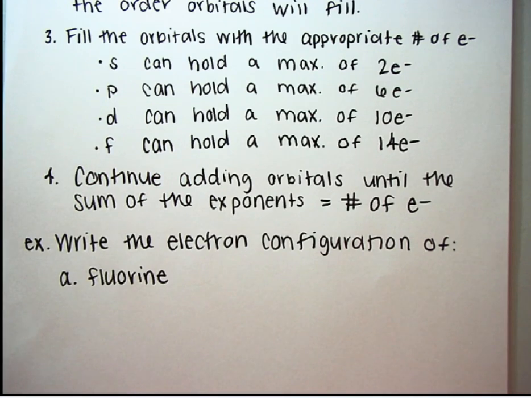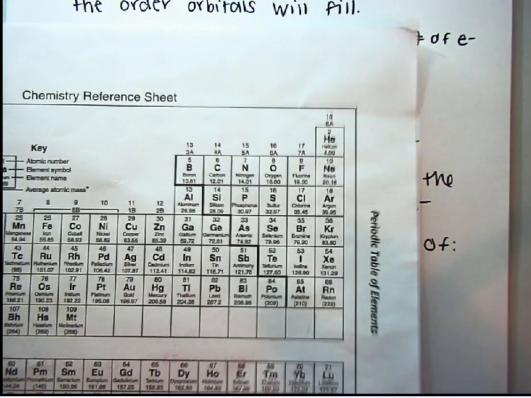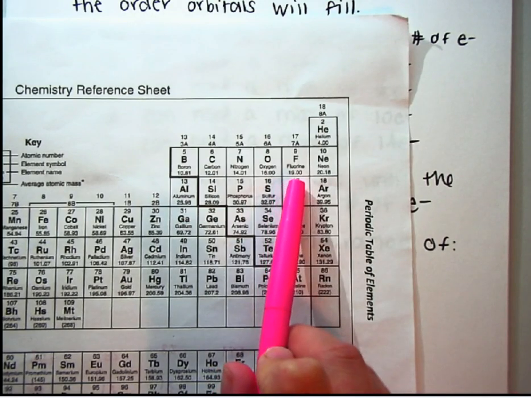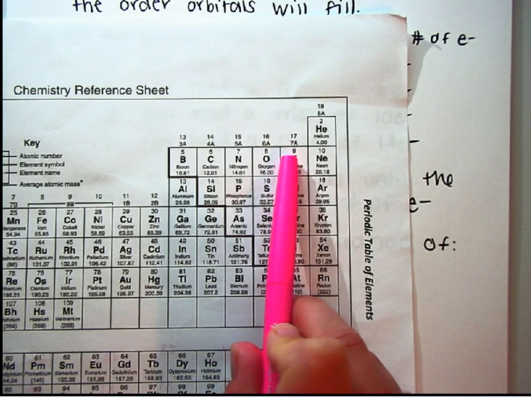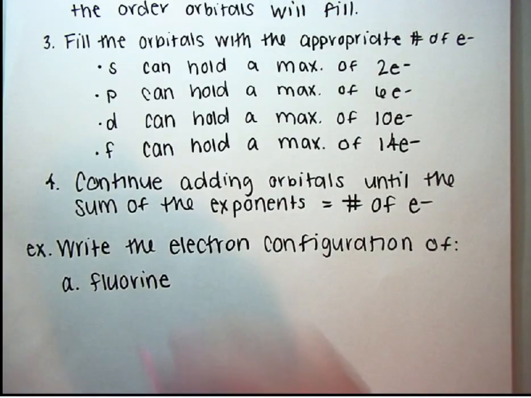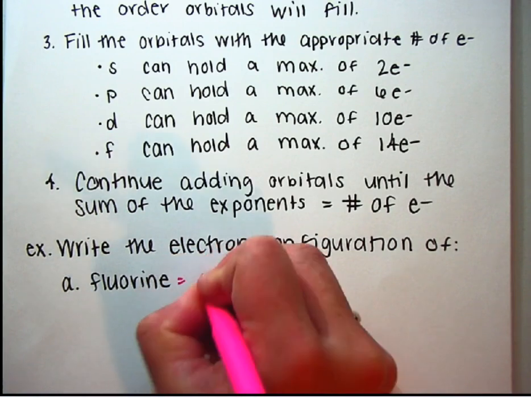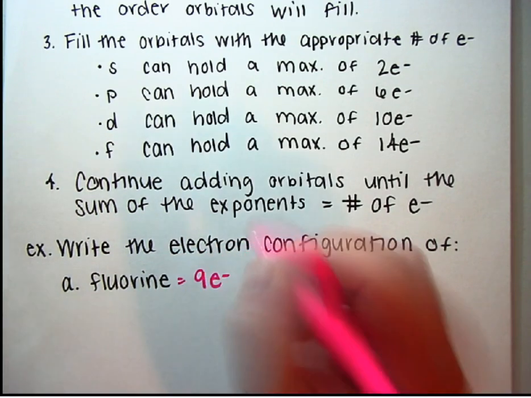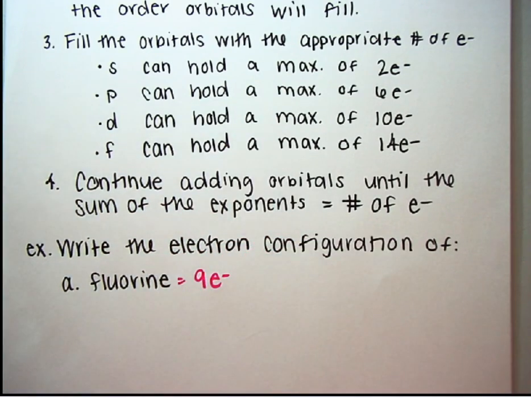The first thing that we need to do is go to our periodic table and find fluorine. Fluorine is atomic number 9. That means fluorine will have 9 protons. As an atom, it also has 9 electrons.